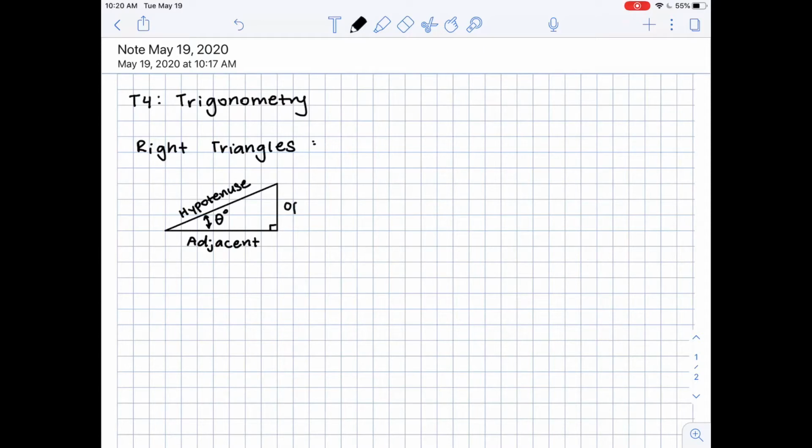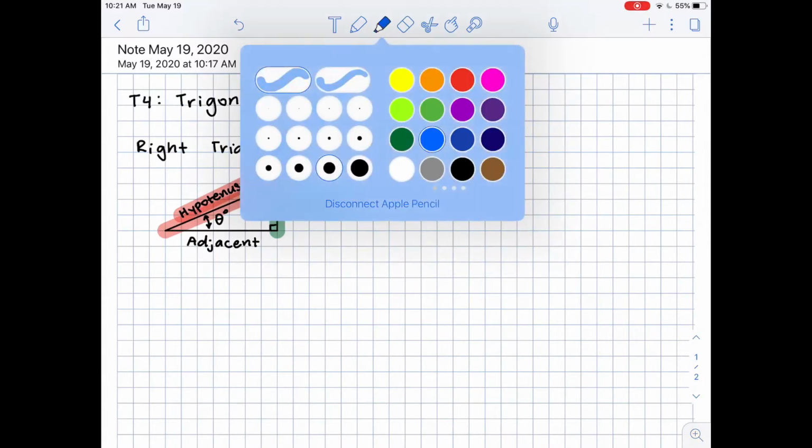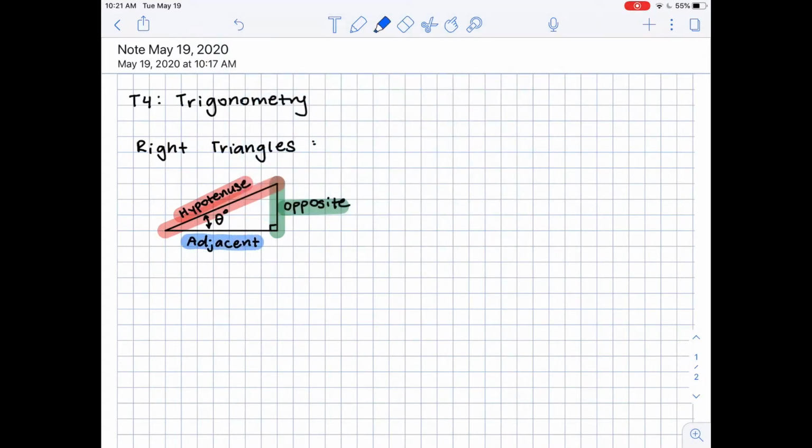And the side across from the angle is called the opposite side. So let's look at that again. There's the opposite side. There's the hypotenuse. And there's the adjacent side.